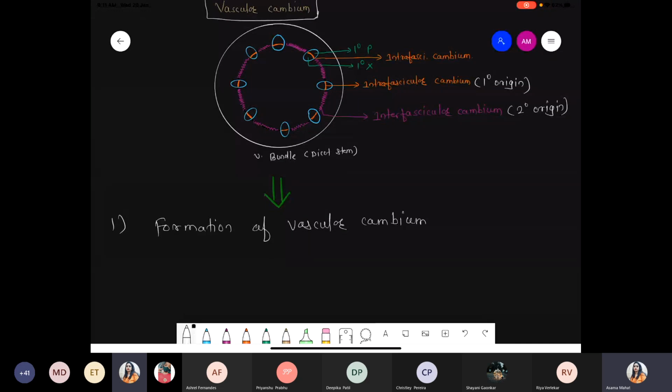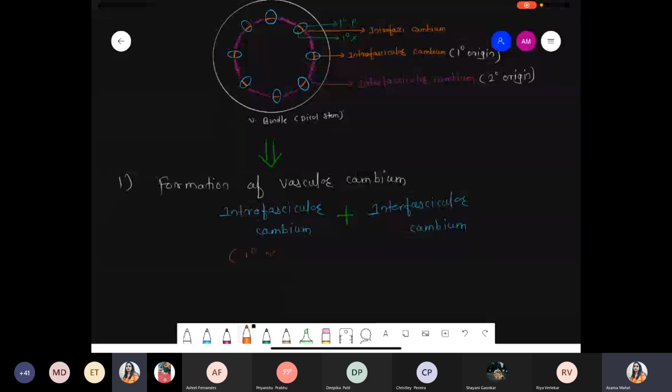Intrafascicular cambium joins with interfascicular cambium. And after the joining, you know very well that intra is primary in origin, while inter is secondary in origin.